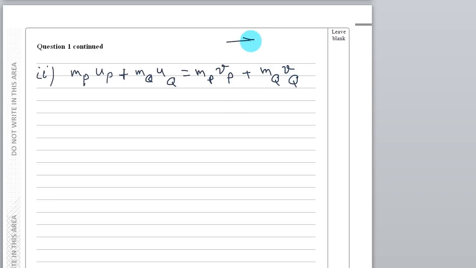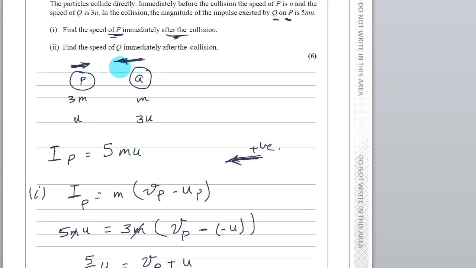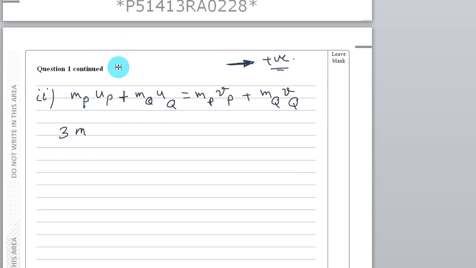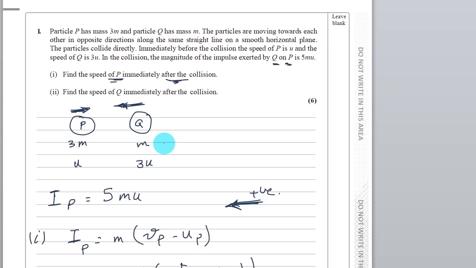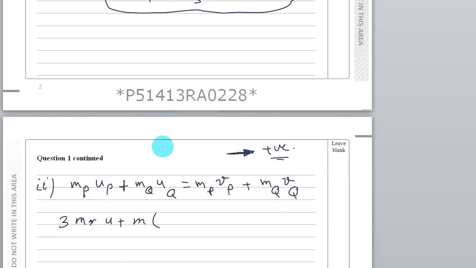Now I'll take this direction as the positive direction. So mB is 3m, uB is u in the right direction, so multiply by u, plus mQ is m. Now uQ is in the negative direction, so minus 3u.